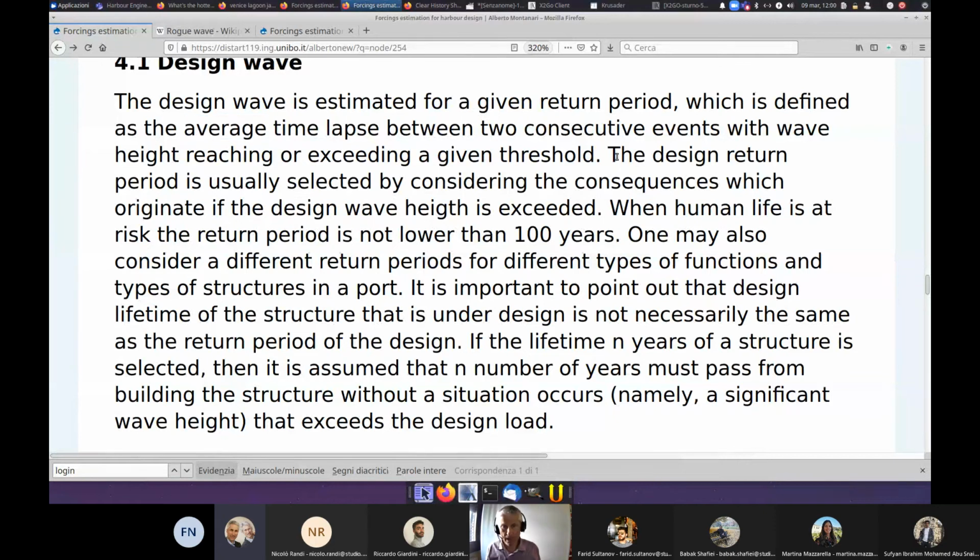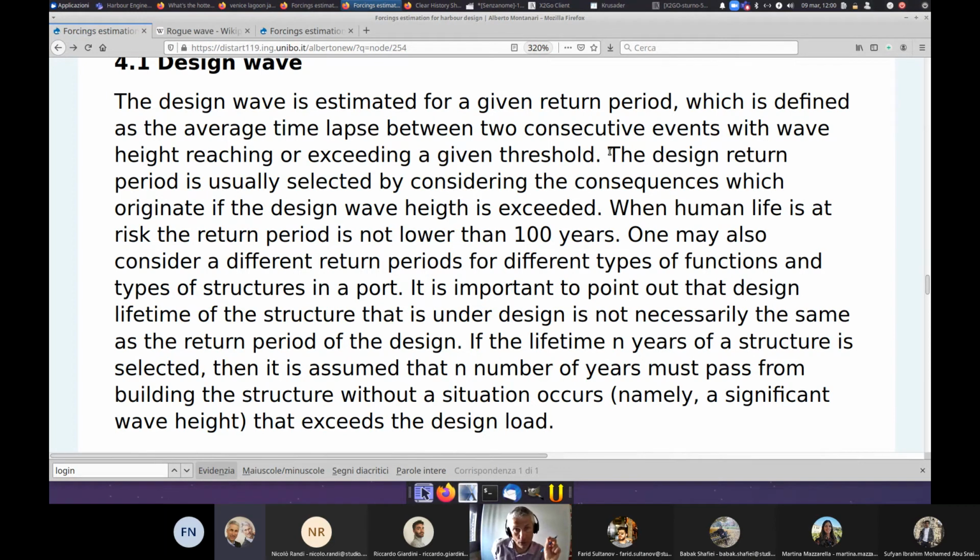Okay, now how do you get the return period for a given structure? The first indication is you should look at the regulations or law in force.